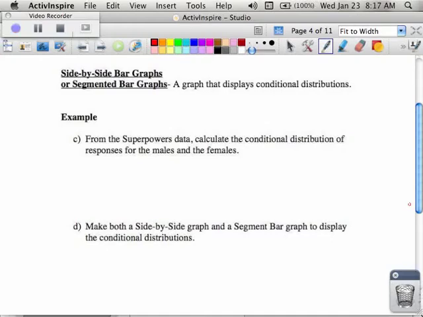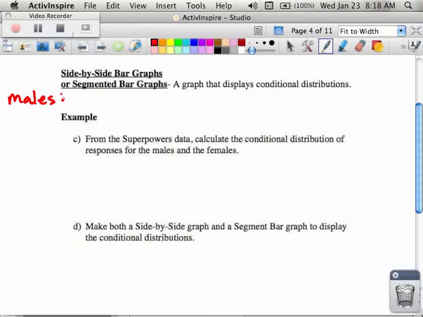And so if we look at the different percentages, first of all, let's just look at the males. If we look at males, and we look at their different percentages, the total number of males is 85 from the previous table, if you look down at the total for the males.